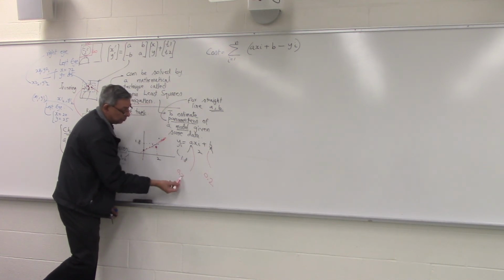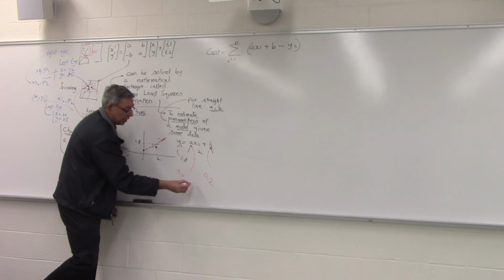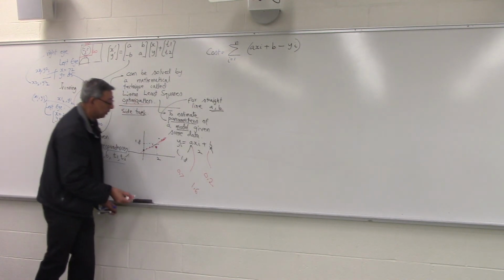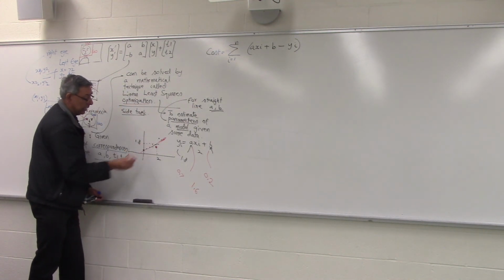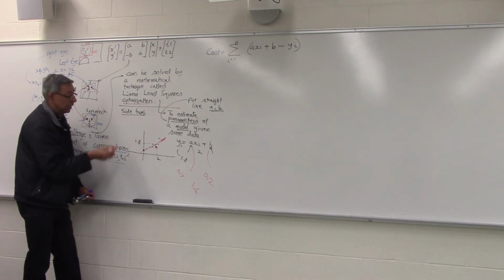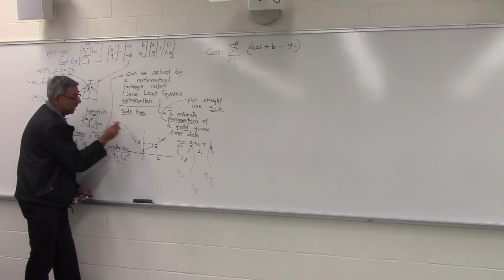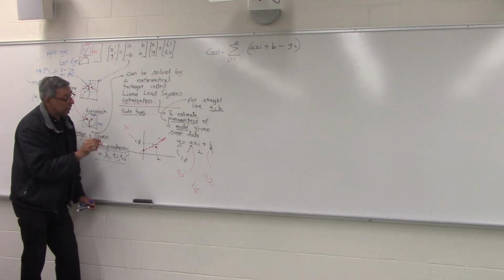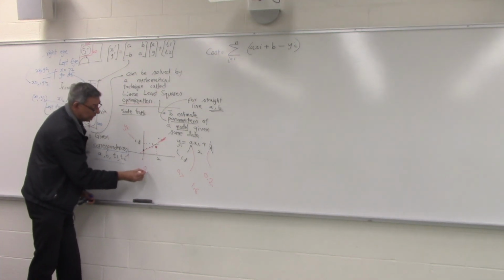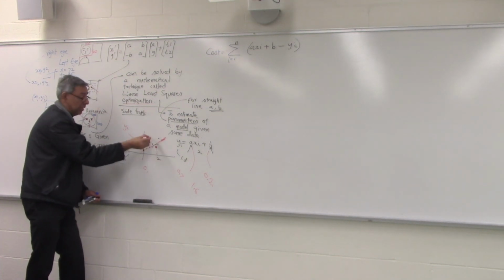2 times 0.7, 1.4, plus 0.2. It will give me 1.6. But what is the actual point on the line? 1.8. So this is our y of I. So what's the error then? 0.2. But the error could be positive or negative.